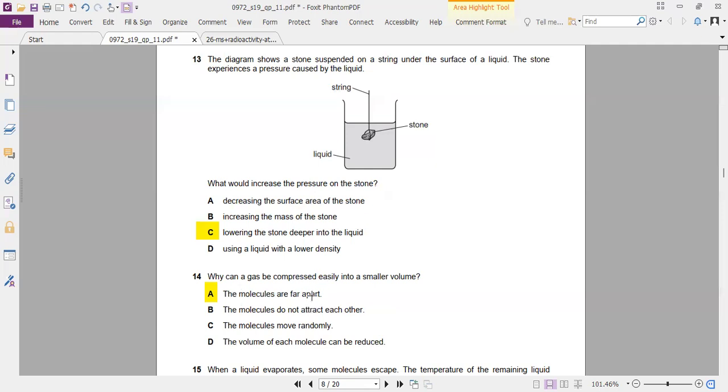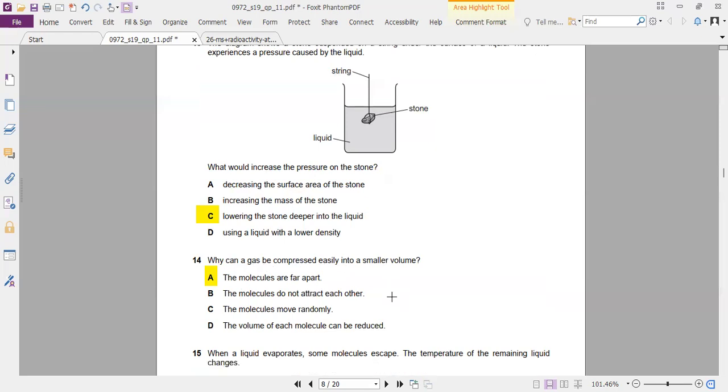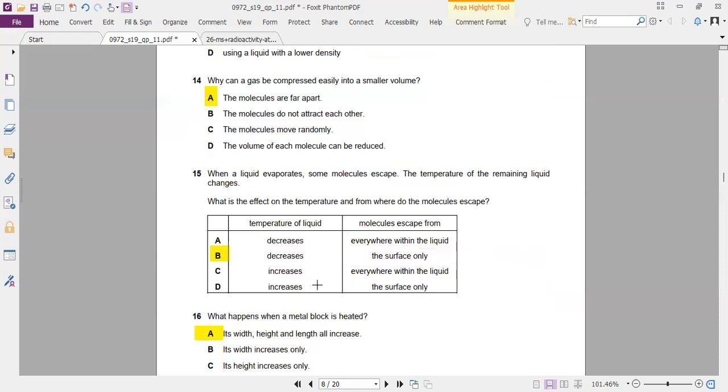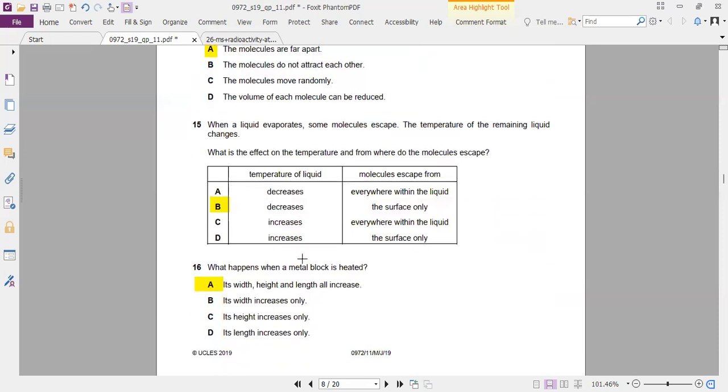Because the molecules of the gas are far apart, that's why they can be compressed easily. The molecules escape from the surface, so go for B and D, and the temperature of the liquid decreases. We know this from evaporation.